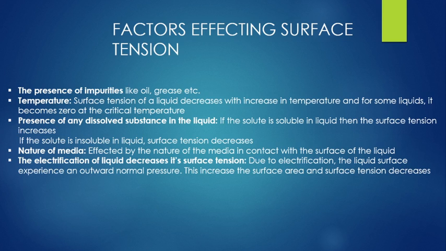That is, when we add salt to a liquid, the surface tension increases. Similarly, when we add soap to the liquid, the surface tension decreases. So the presence of any dissolved substance can affect the surface tension.